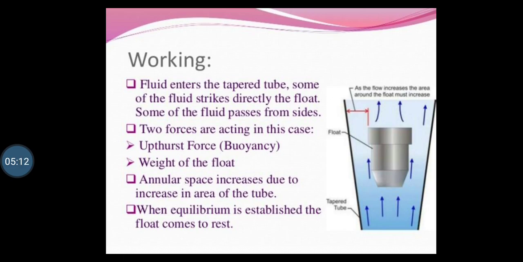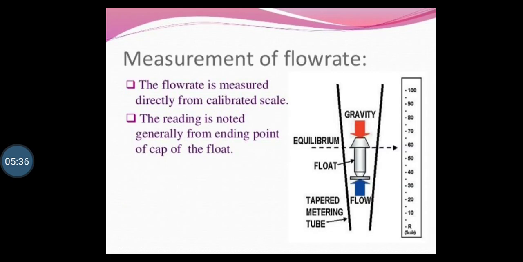When the fluid enters the tapered glass tube, it passes from down to upside, due to which float rises upward, and we can directly take the reading from the scale mounted on the tapered glass tube. Here we can measure the flow rate.